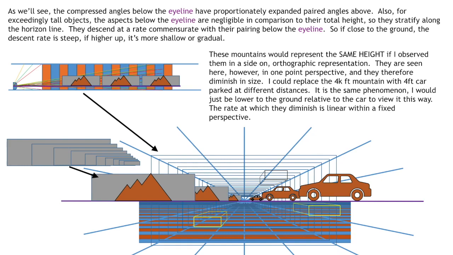I would just be lower to the ground relative to the car to view it this way, and put my horizon line along the lower edge of the wheel, and it would be the same exact thing. The rate at which they diminish is linear within a fixed perspective. In other words, double the distance, half the size, triple the distance, 1/3 the size, and so forth.